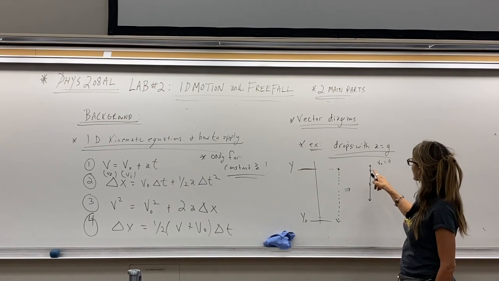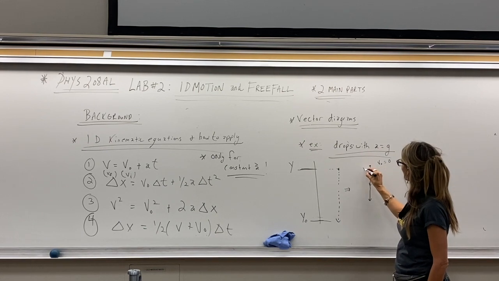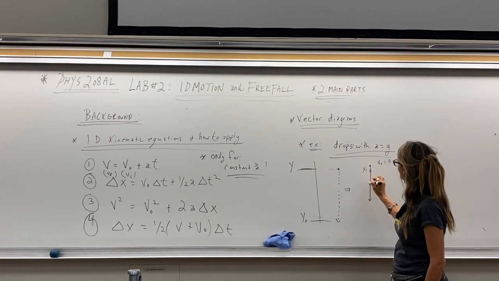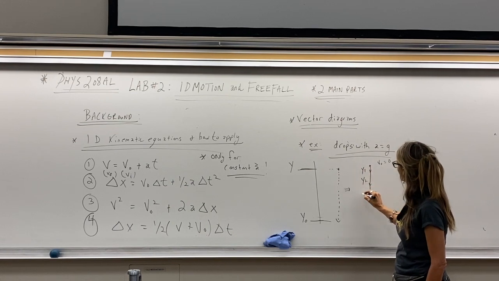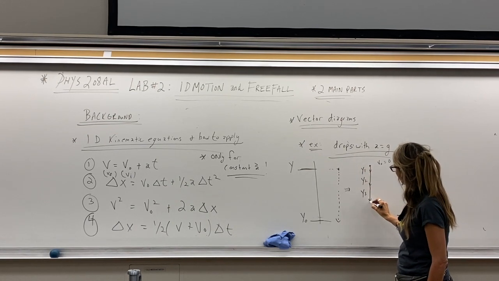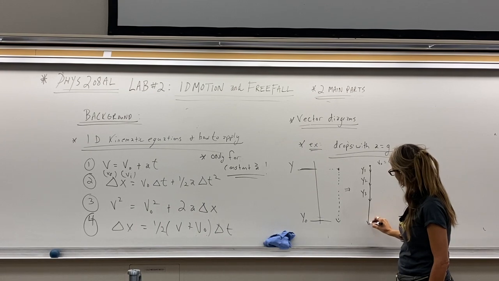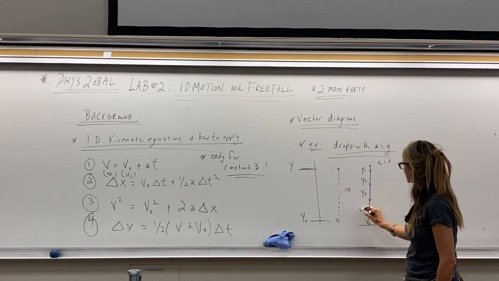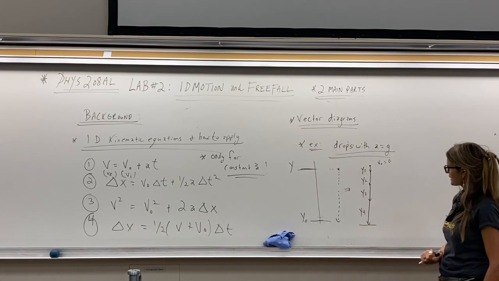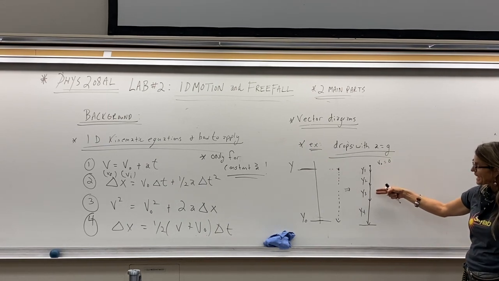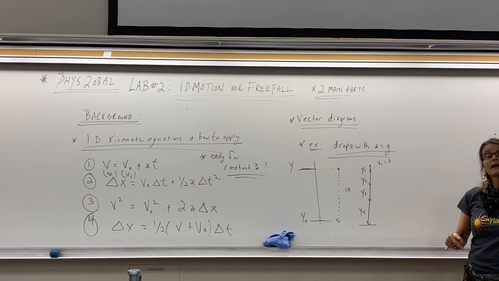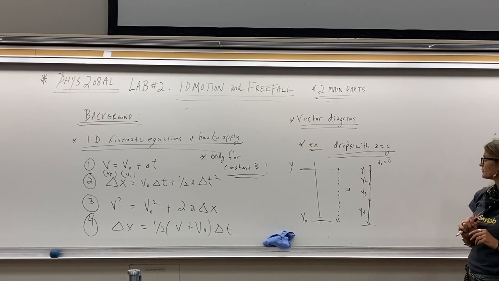Here we have, let's say, a y1 vector, y2 vector, y3 vector. My vectors will continue to get larger as it drops and strikes the ground, and I want to represent that in my vector diagram. I can see that there's a change in the position, and that change in the position vector will allow me to find the velocity.